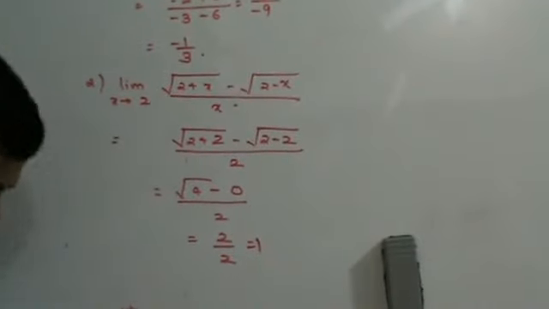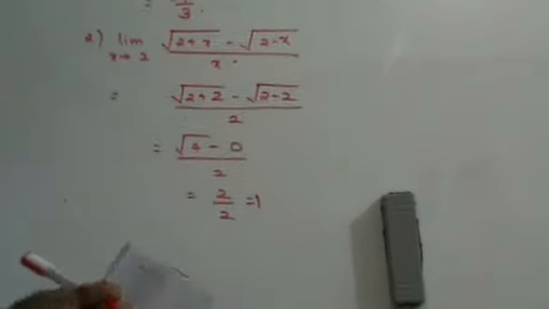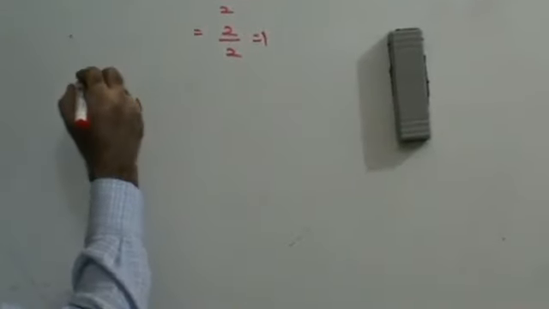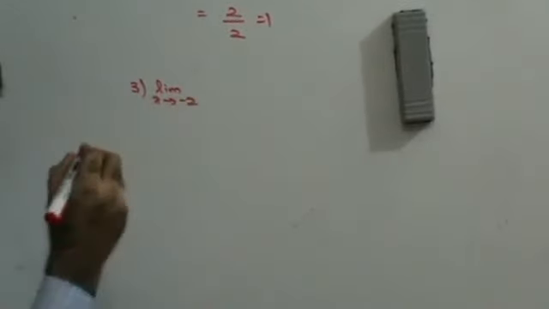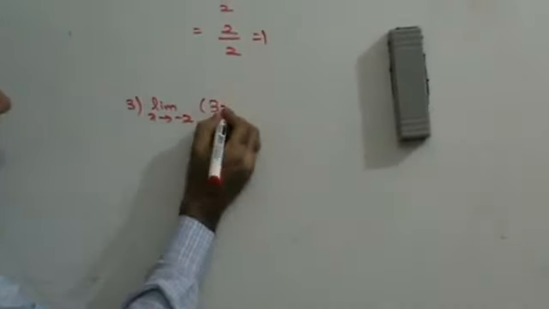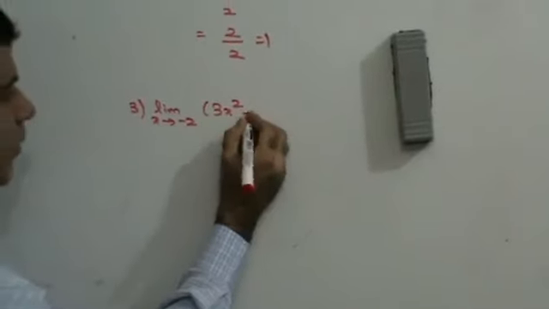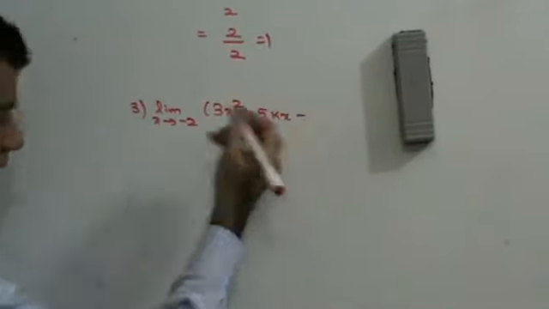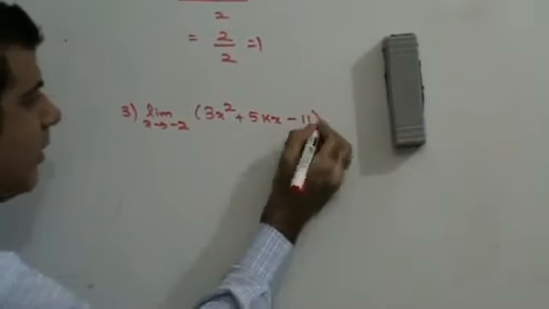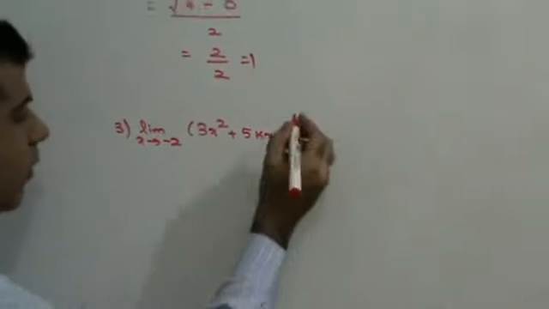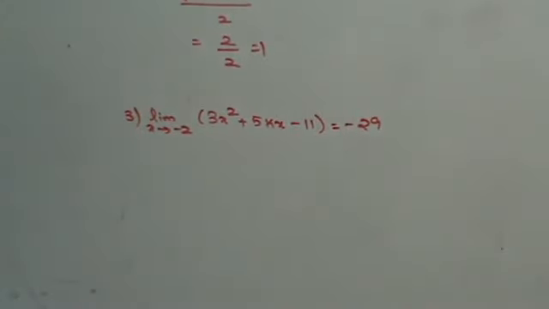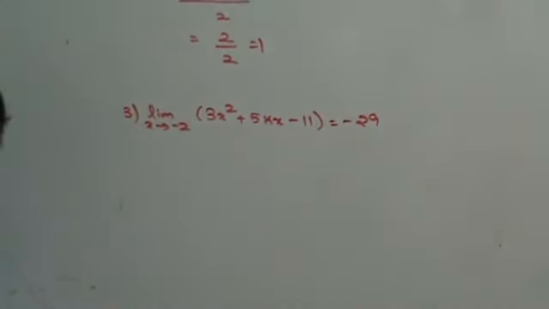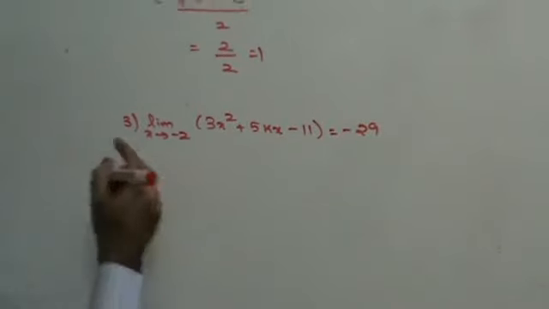Fine. Let us see another sum, guys. Limit of x tends to minus 2, 3x square plus 5kx minus 11 is equal to minus 29. Now in this case, since there is no denominator, I can directly substitute.